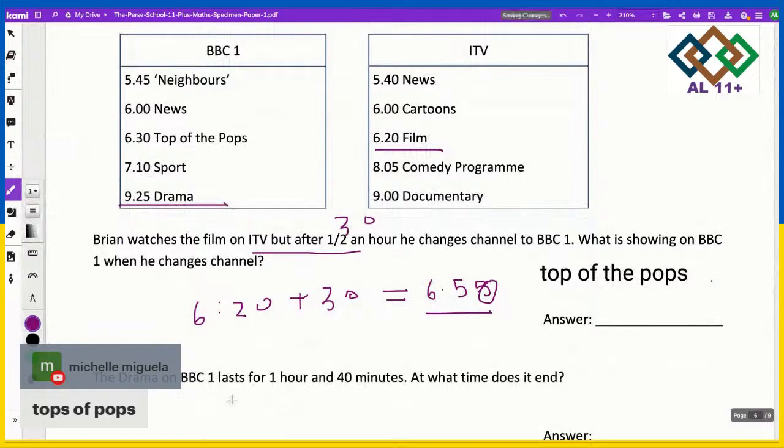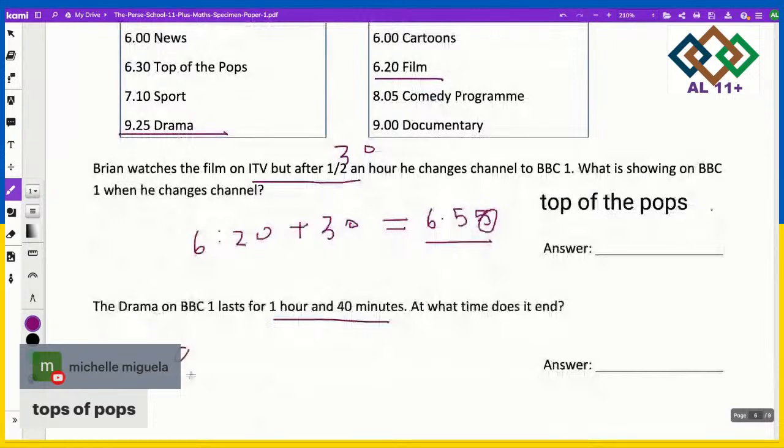The drama on BBC lasts for 1 hour 40 minutes. 1 hour 30 minutes is 90 minutes, and 10 more, so it'll be 1 hour 40 minutes. So just try doing 1 hour, 9:25 to 10:25.